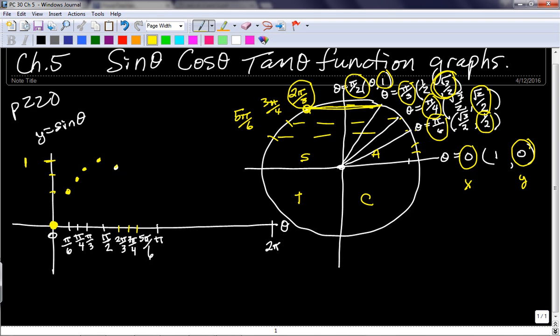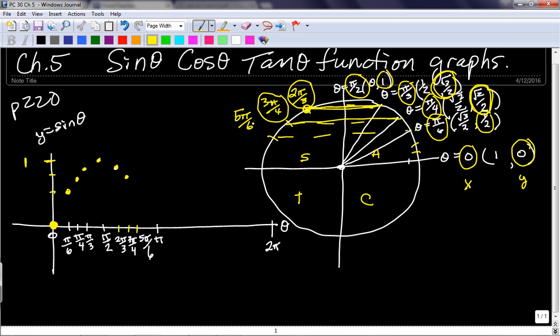As we move along, the 3 pi over 4 matches to this value, which is root 2 over 2. And so 3 pi over 4 is 0.7071. Okay.